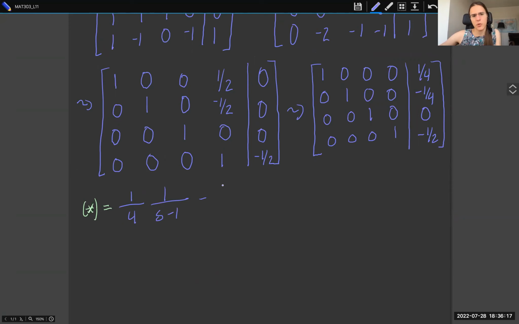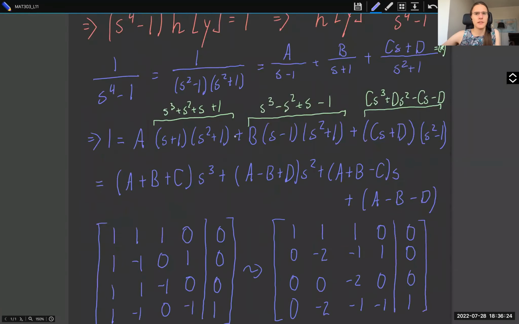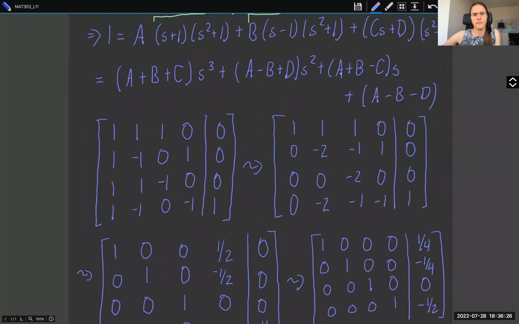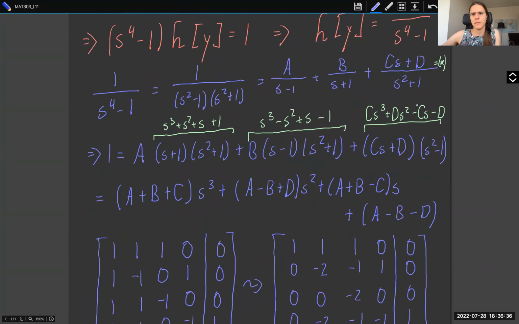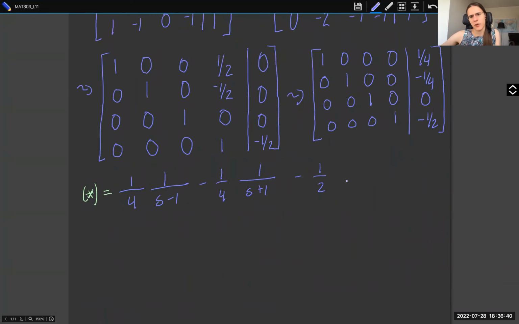Then minus 1/4, 1 over s plus 1. Double check that. Yep. Then C is 0. And then I get minus 1/2. That's D, 1 over s squared plus 1.